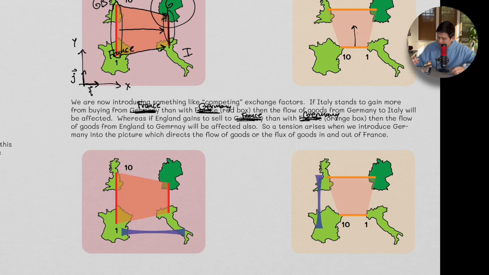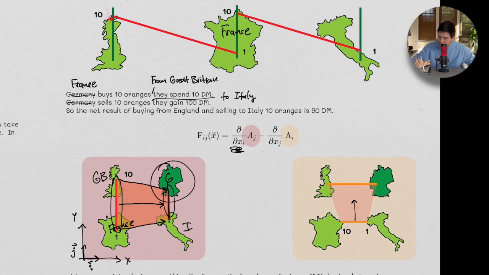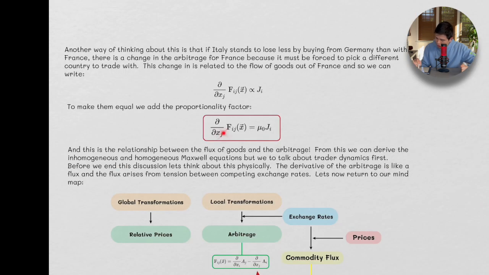What's really going on here is that you have three players, the UK, France, and Italy. But then when you introduce a fourth one, then tensions begin to arise, okay? And we can see here that we're doing this in the J direction, where the gain factor in the J direction.